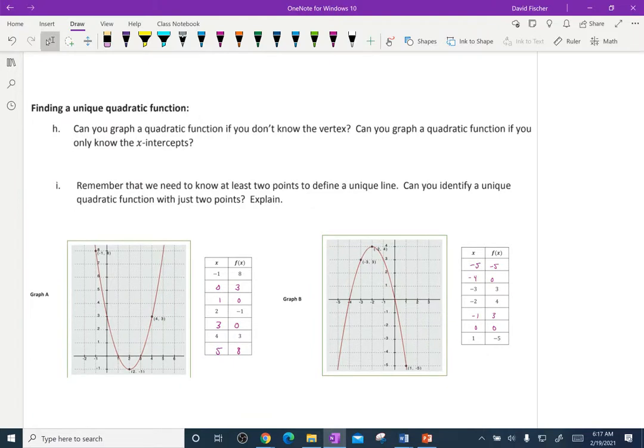Can you graph a quadratic function if you don't know the vertex? Can you graph a quadratic function if you only know the x-intercepts? So there's two questions here. Can I graph if I don't know the vertex? I'm thinking I can't because I don't know if the graph goes up or down.